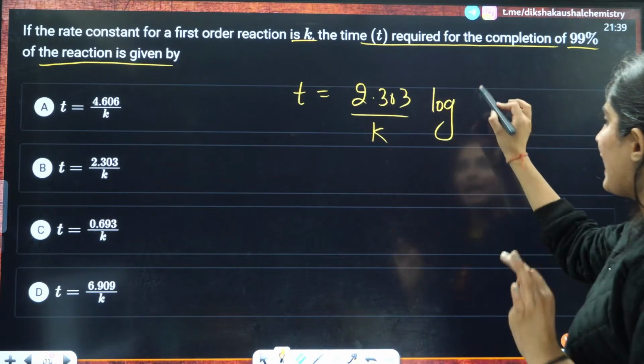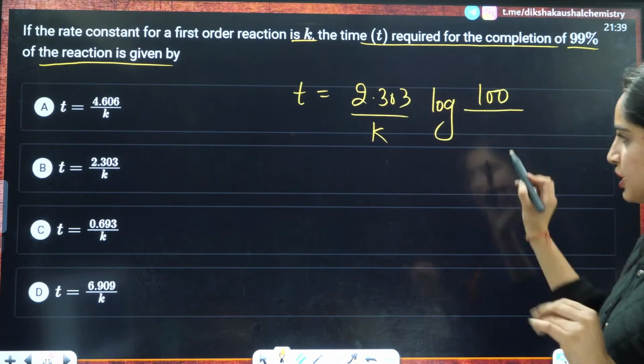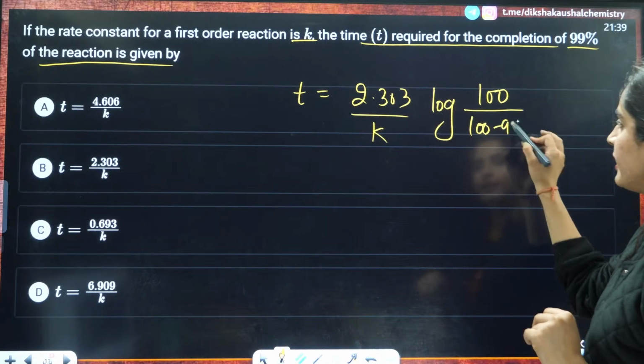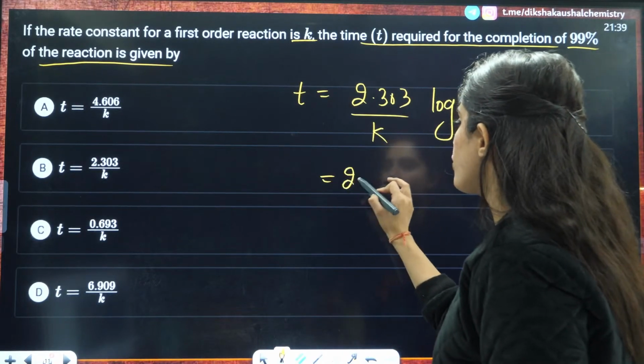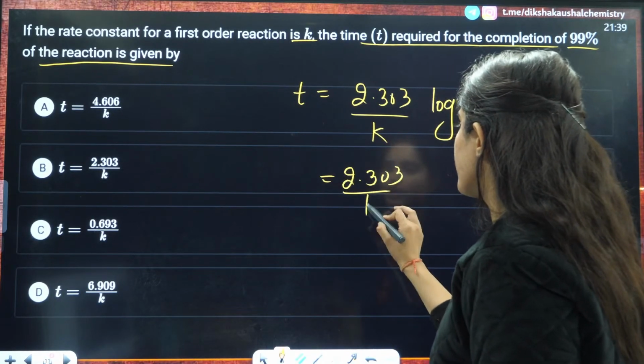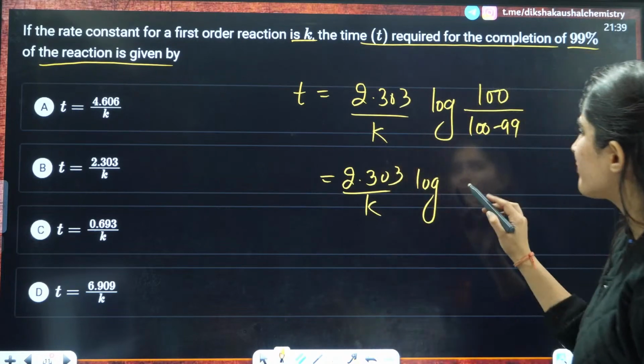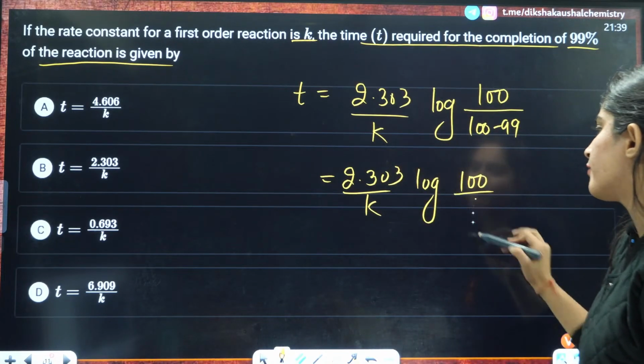Now 99% means 100 is the initial, and you will do 100 minus 99. It will become 2.303 divided by K, log base 10 of 100 by 1.